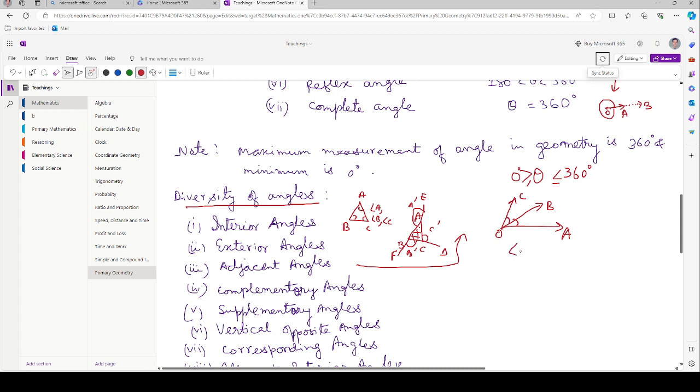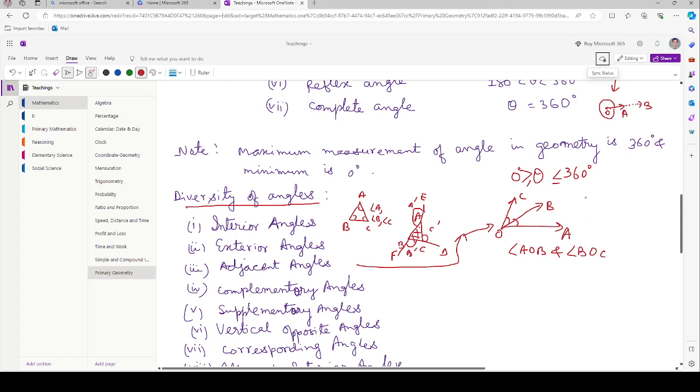Angle AOB and angle BOC are the adjacent angles. So then what is its main property?